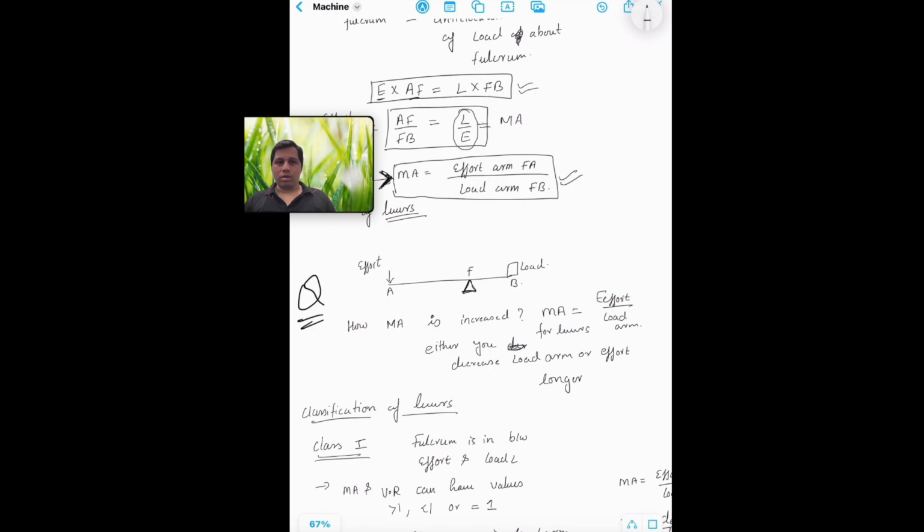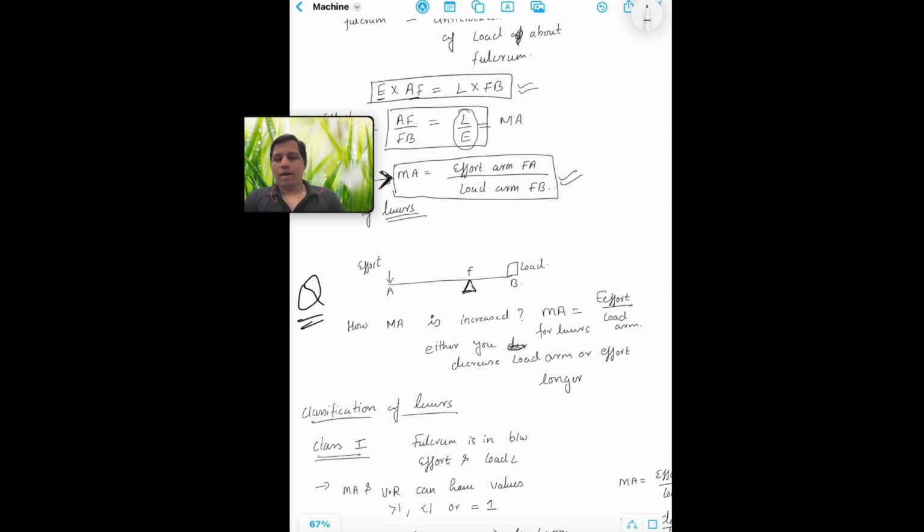These are the two ways by which you can increase your mechanical advantage in levers. If in a lever your effort arm is big, you will have to give less input force, and you will obtain a large force out of it.